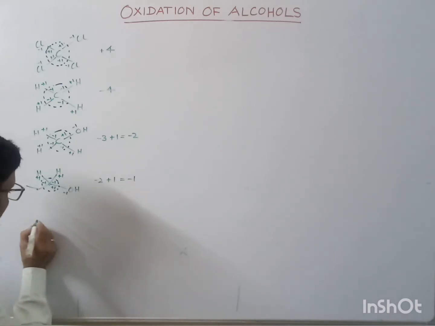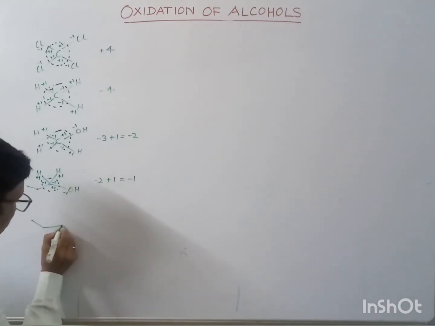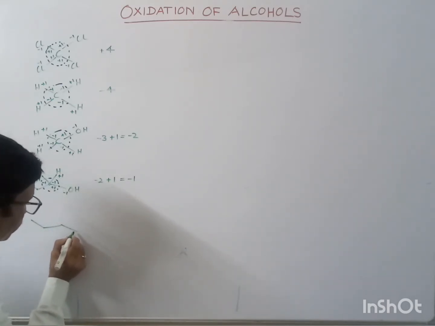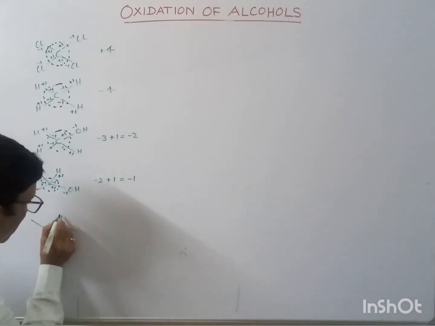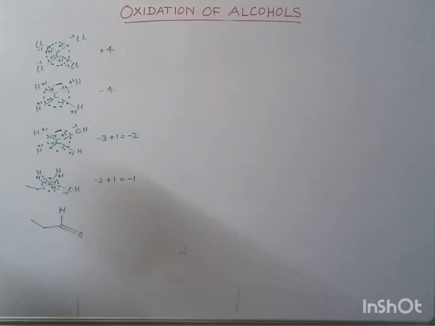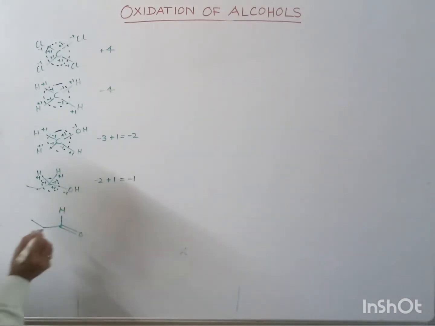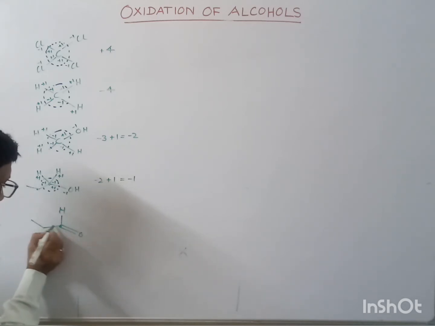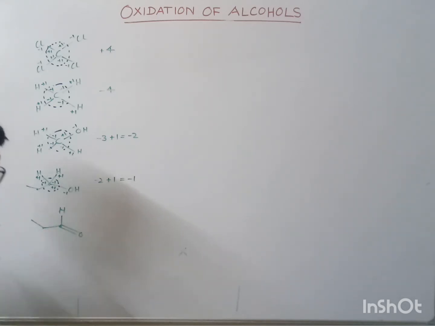Now in the same way, suppose I have an aldehyde. In case of aldehyde, this is the central carbon atom. From this carbon another carbon is attached, so same electronegativity, no charge on anyone.